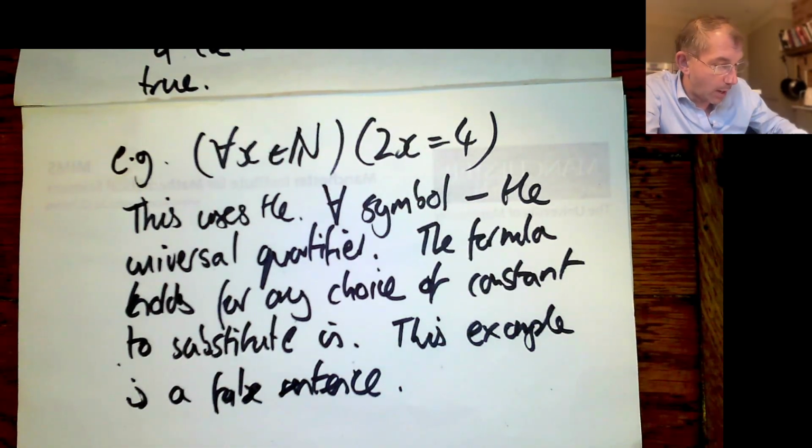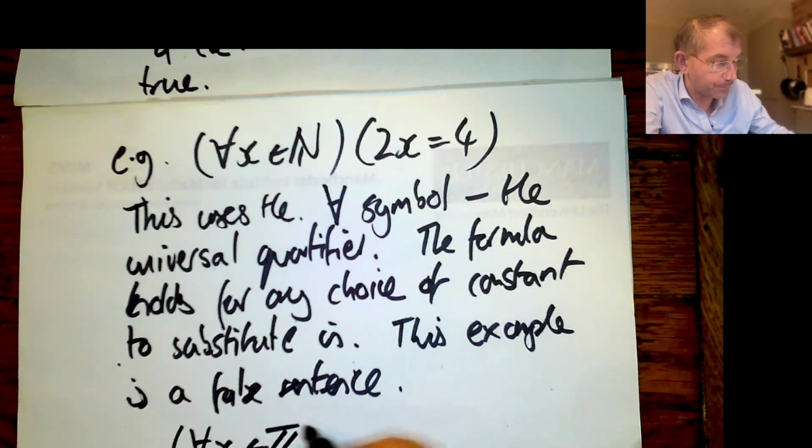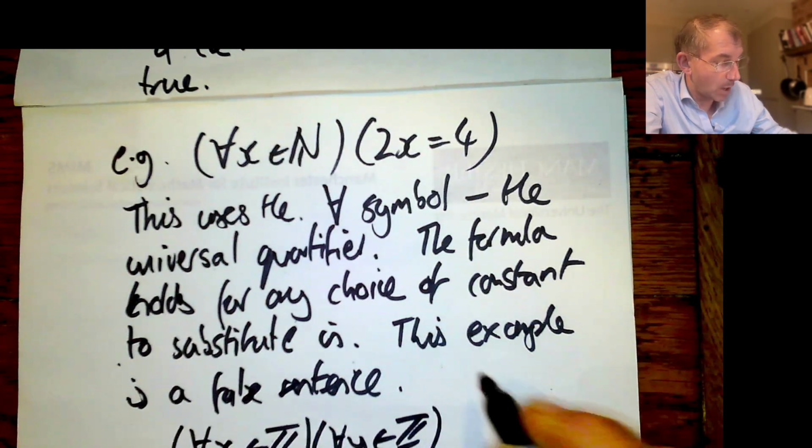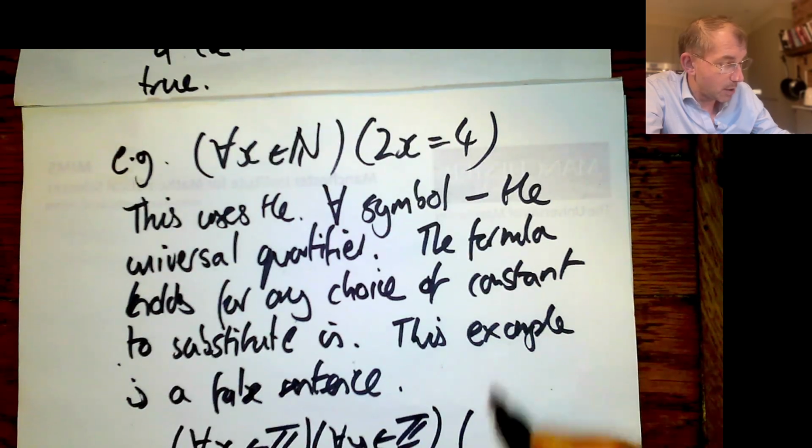So I could say for all x in the integers, for all y in the integers, x times y is 0 if and only if x equals 0 or y equals 0.